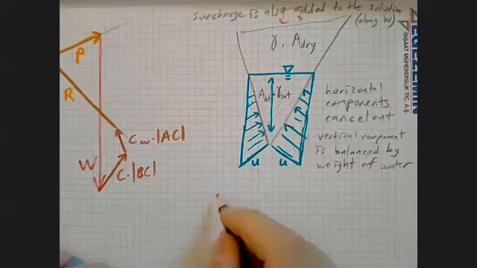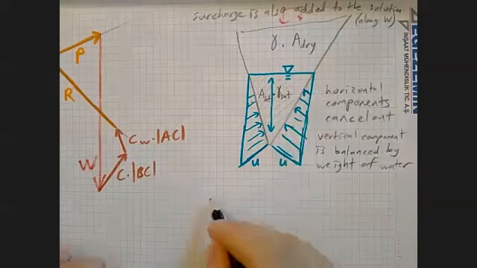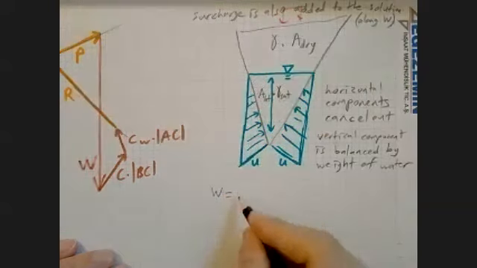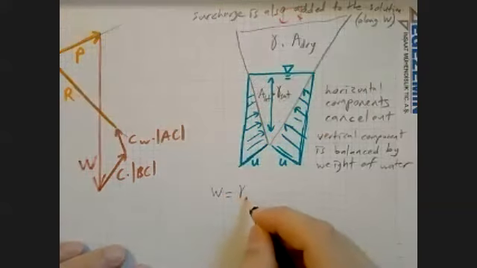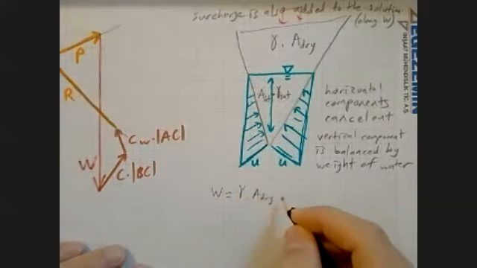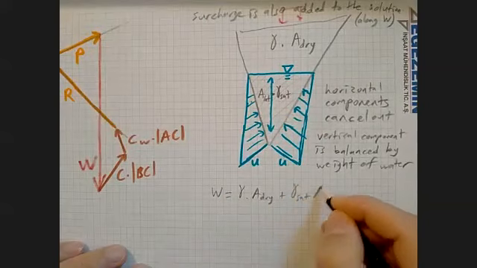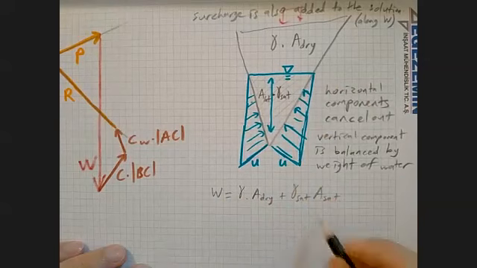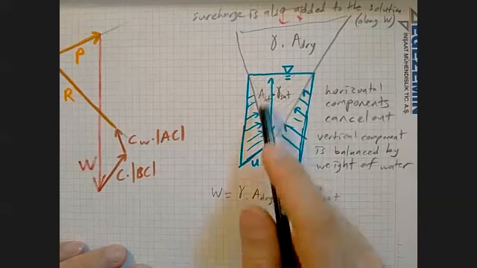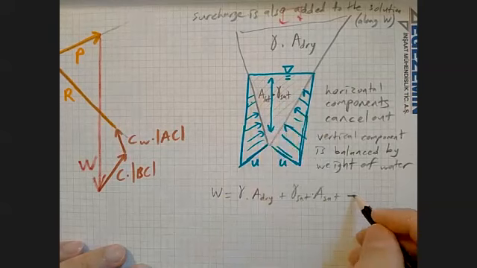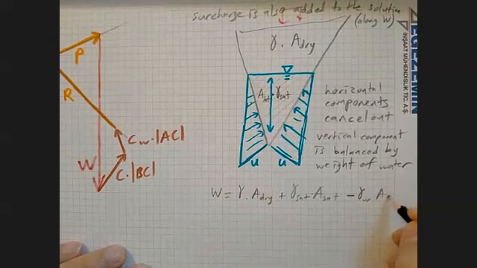So my resulting weight is going to be gamma times area dry plus gamma sat times area sat, and my water pressure here will be minus gamma water times area sat.